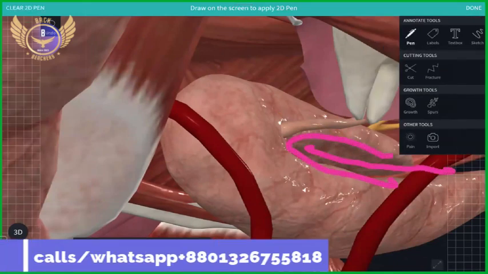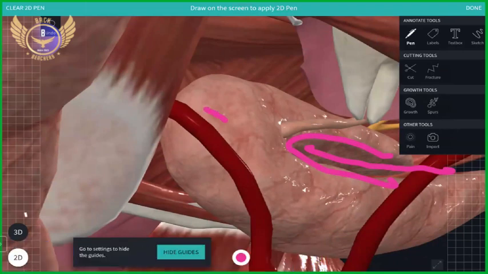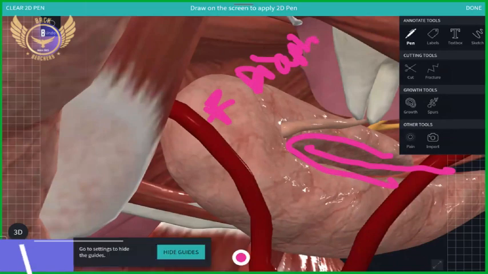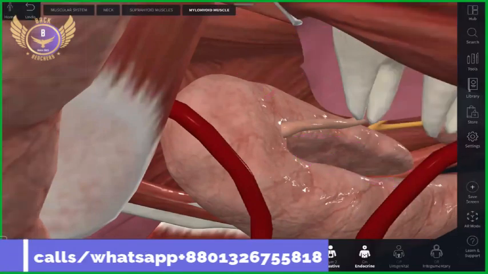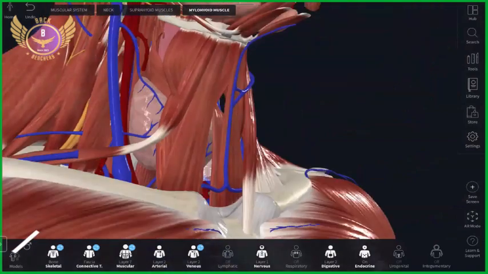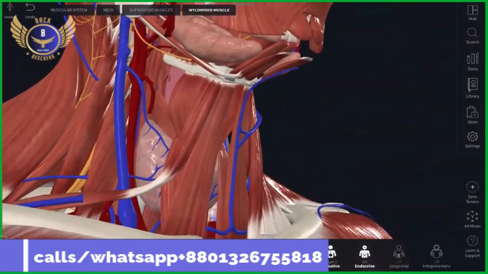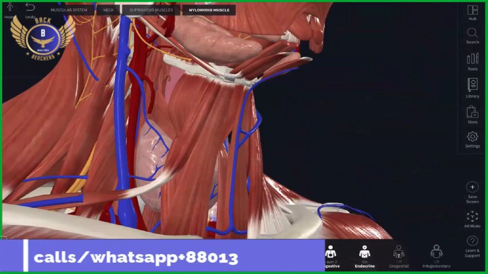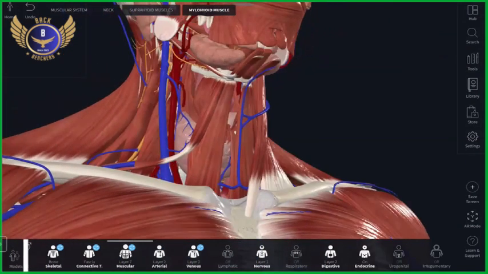So remember, mylohyoid is the facial diaphragm, and it prevents infection from spreading from the oral cavity to the neck. This piece of information is very important. Write it down.